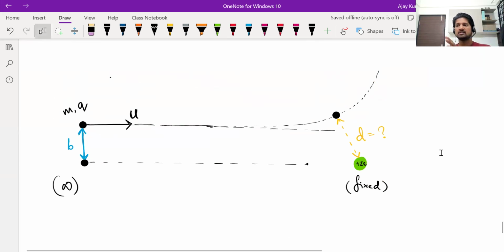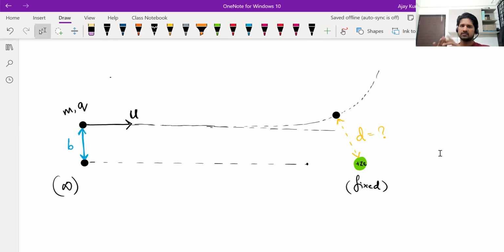And mechanical energy conservation involves distances. How do you apply mechanical energy conservation? Potential energy plus kinetic energy initially is equal to potential energy plus kinetic energy finally. The potential energy between charges or masses depends on the distance between them. So if you want to bring distance into the equation, potential energy is one quantity which can help.